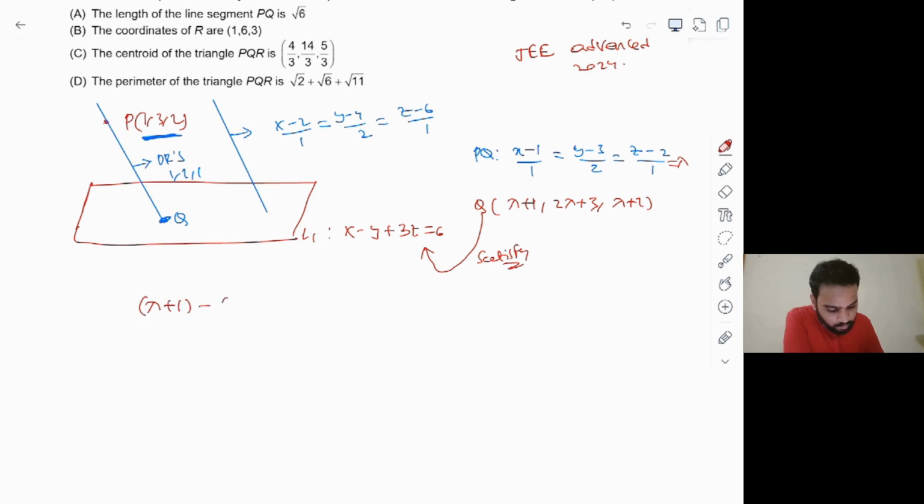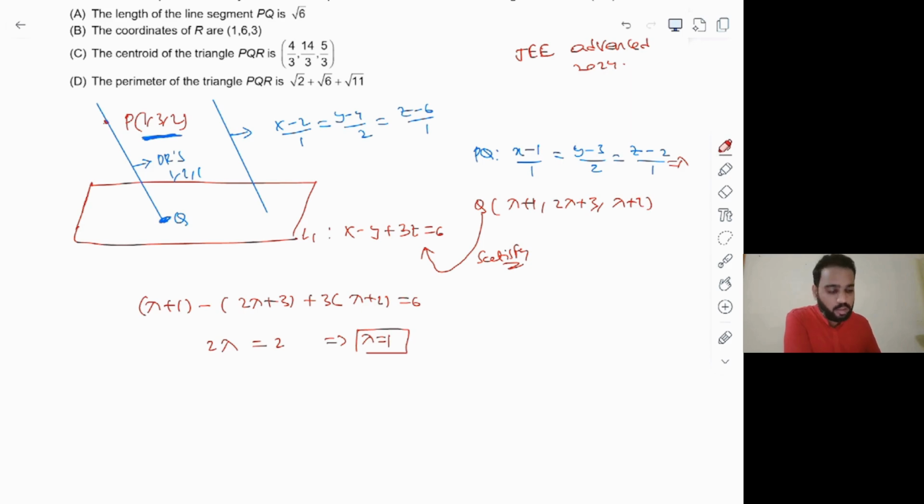Lambda plus 1 minus (2 lambda plus 3) plus 3 times (lambda plus 2) is equal to 6. If you expand completely, 4 lambda minus 2 lambda will be 2 lambda. In the constant term, it is 6 plus 1, 7, 7 minus 3, 4, which is equal to 6 minus 4, 2. And finally, we get lambda equal to 1.